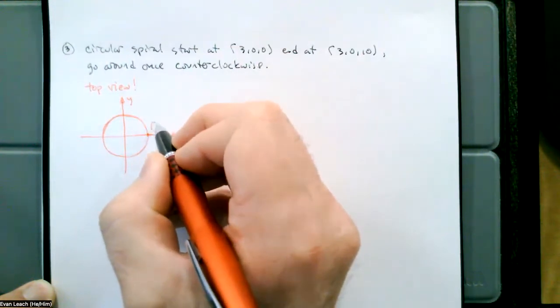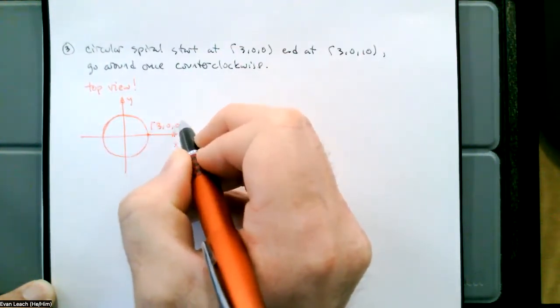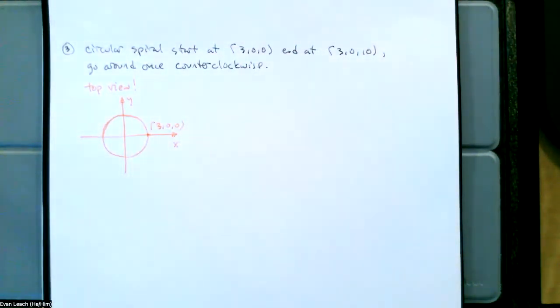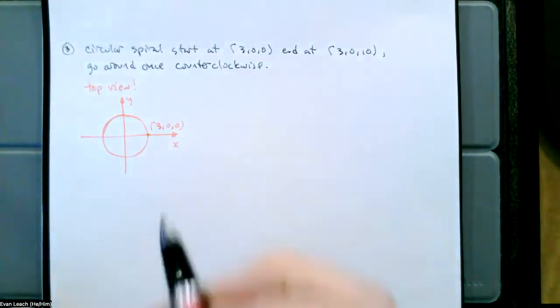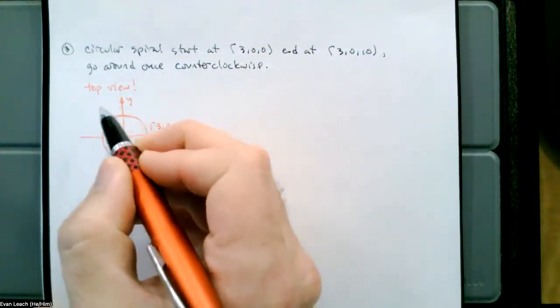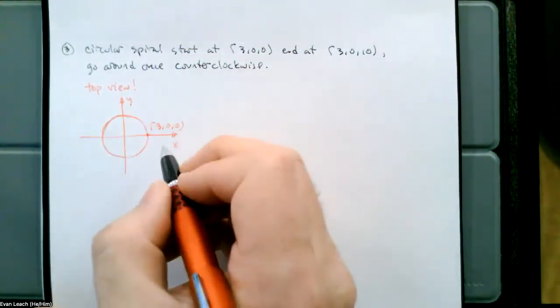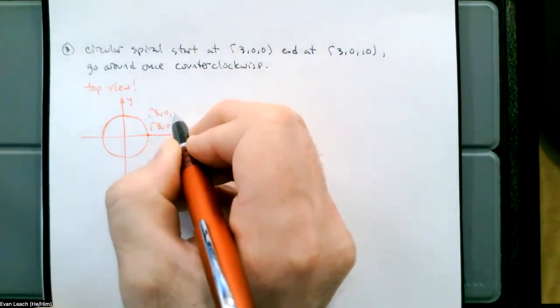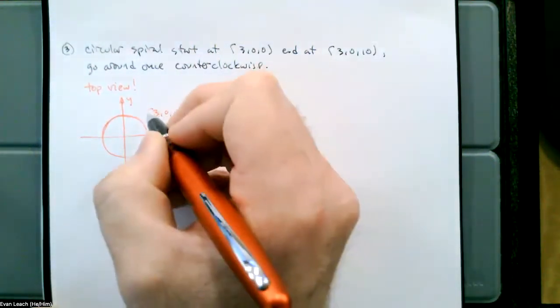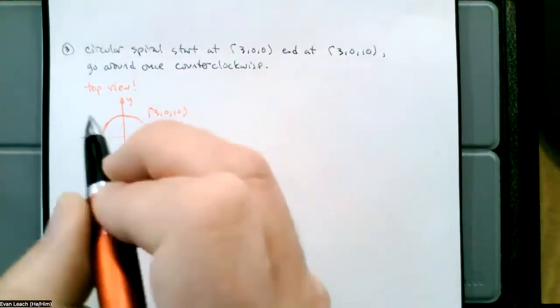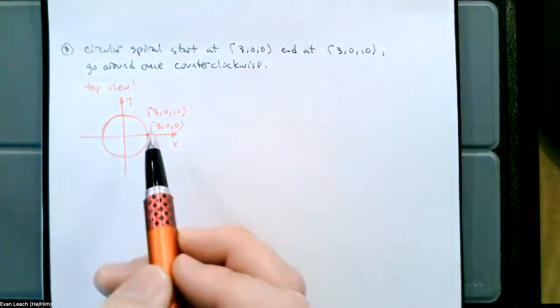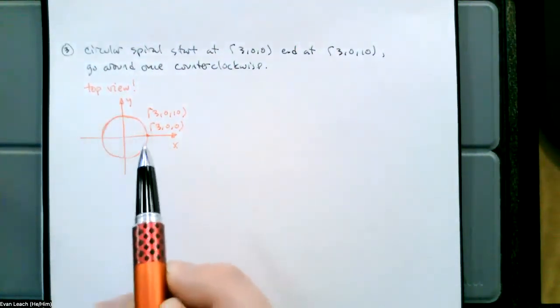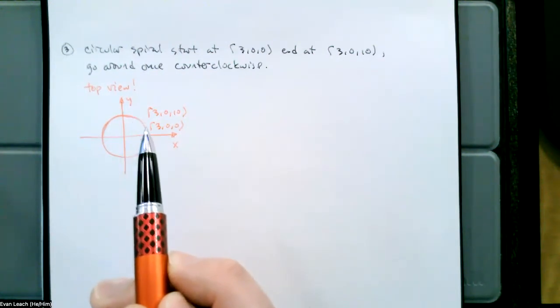Starting off at 3, 0, 0. And since this is a top view, I can't see the 3D coming out the page. But it starts off at 3, 0, 0 and goes around once and ends at 3, 0, 10. Up here at the top. So it starts here, it goes around and ends up 10 units above where it started.